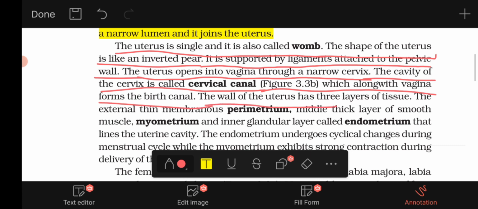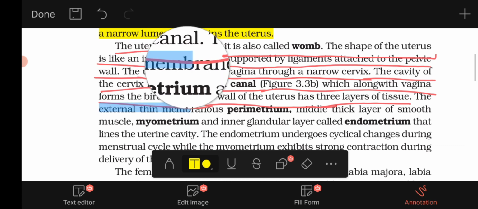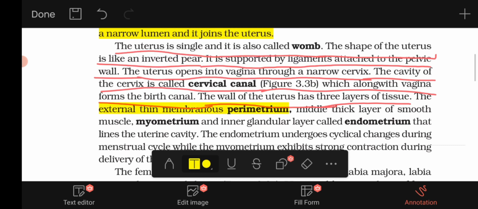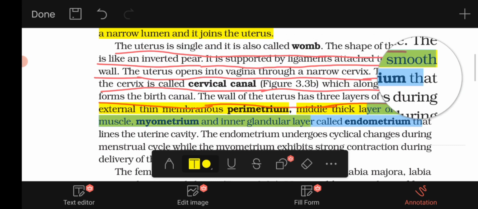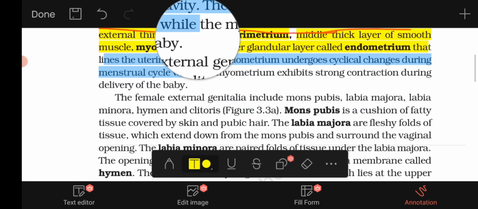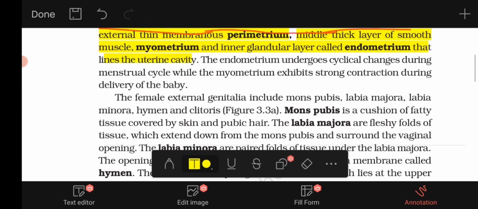The wall of the uterus has three layers of tissue: the outermost membranous perimetrium, the middle thick smooth muscle layer myometrium, and the inner glandular layer called endometrium that lines the uterine cavity.